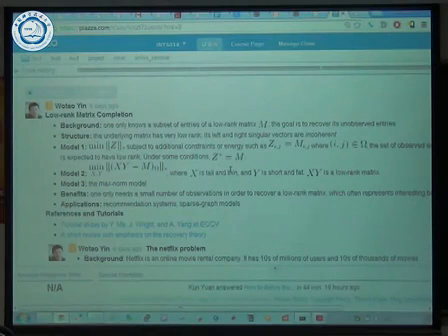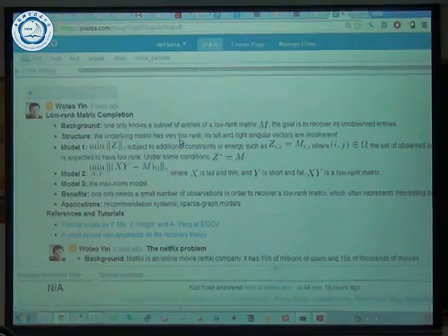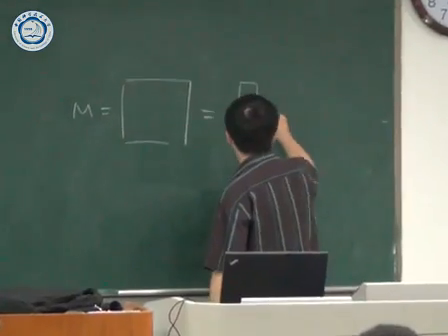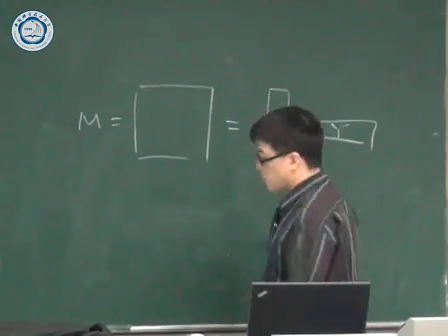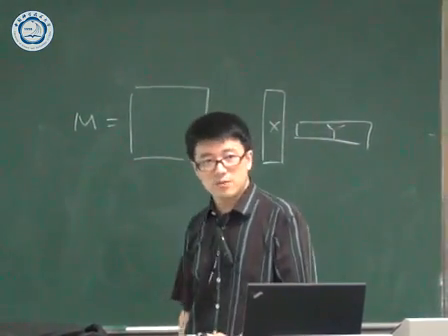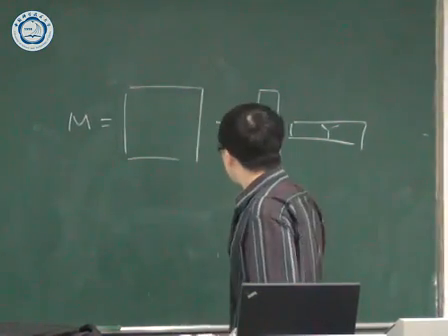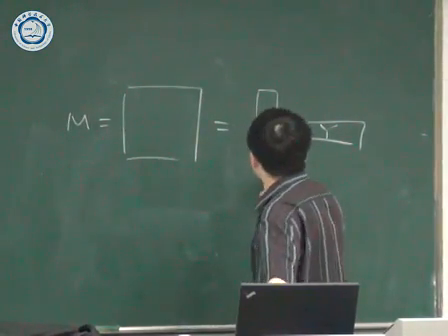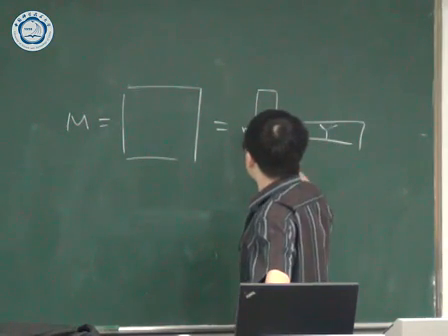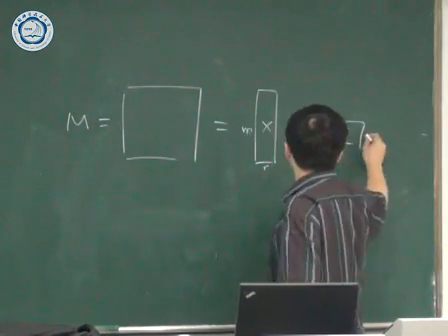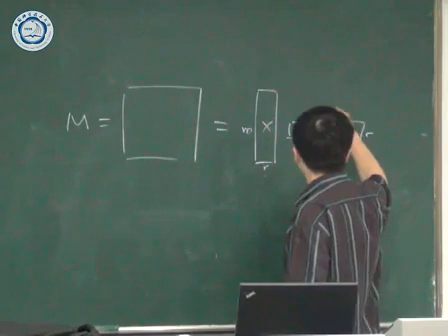All right, so a low rank matrix M like this can be written down as a tall and skinny matrix X and a short and fat matrix Y. All right, so if you count the number of elements in this one, let's say it's M rows, R columns, and R rows, N columns.